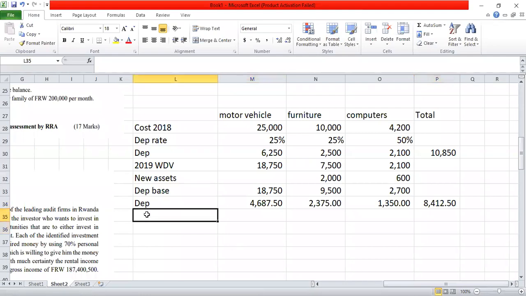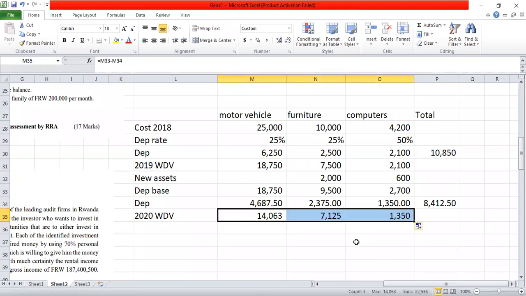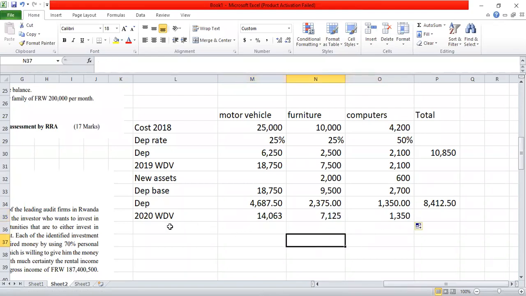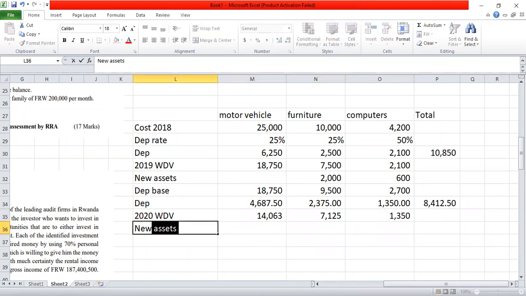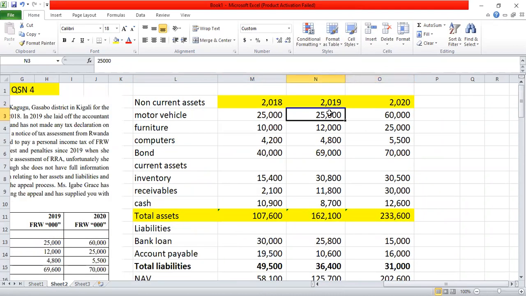When you come to 2020, we recognize the written down value of the asset. So it's going to be this minus our depreciation. So new asset, we can check again. You are comparing now here, we had 25, now we have 60.